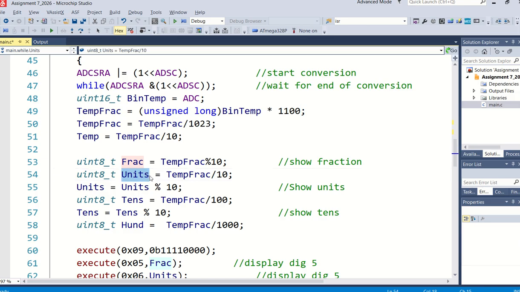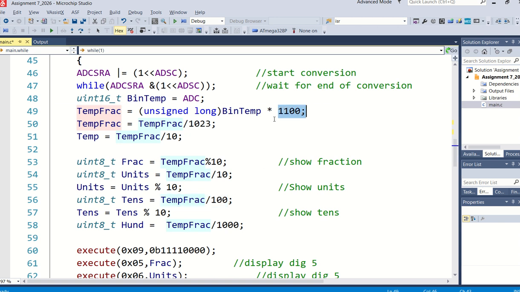If I take units, I take temp frac divided by 10, I'm going to sit with a value of 110. And if I modulus that again by 10, I'm going to take this 0 and place that into units. For tens, temp frac hasn't changed, it's still that 1100.